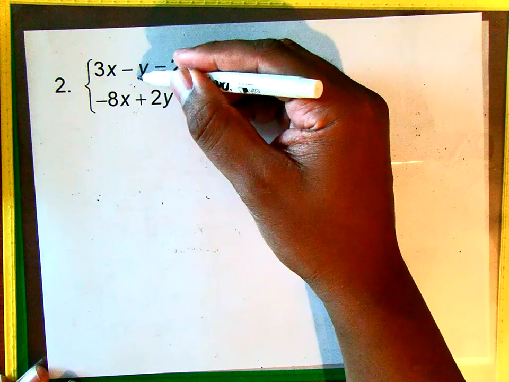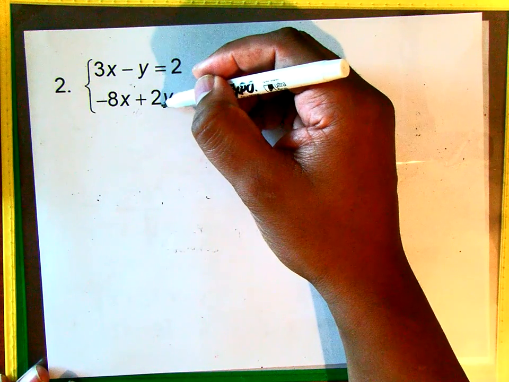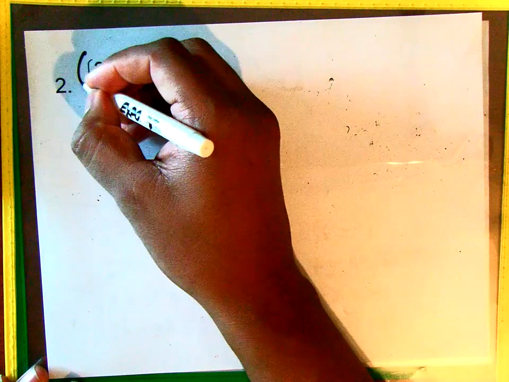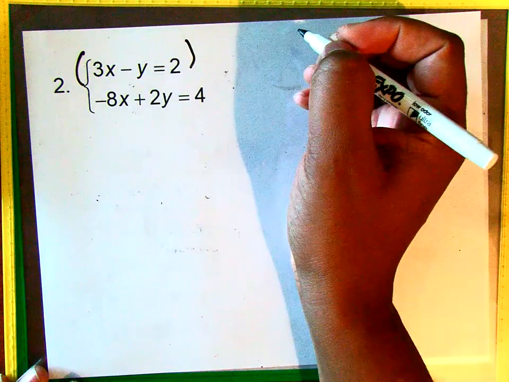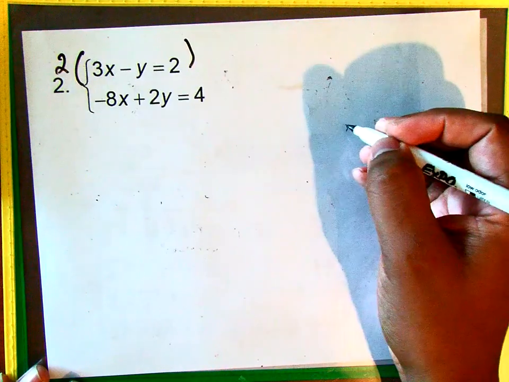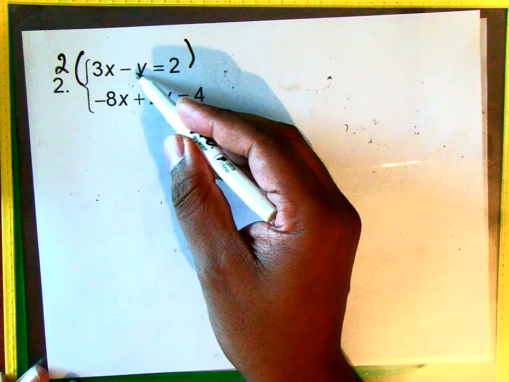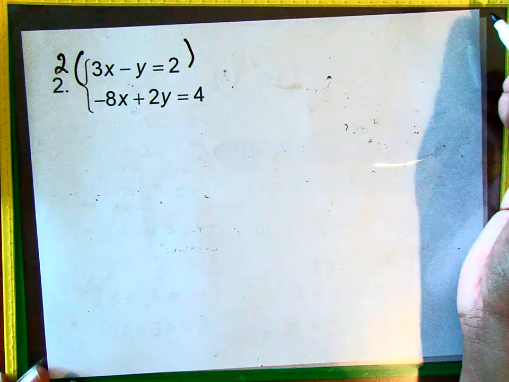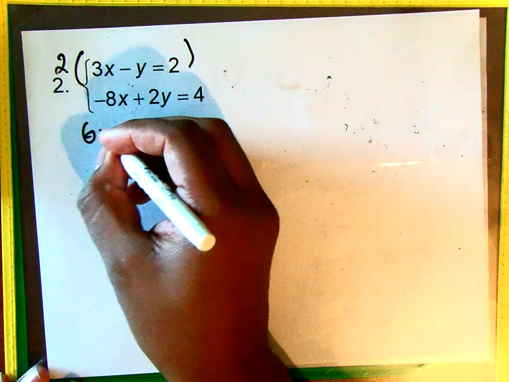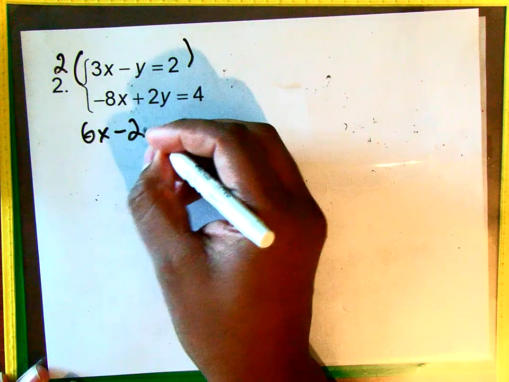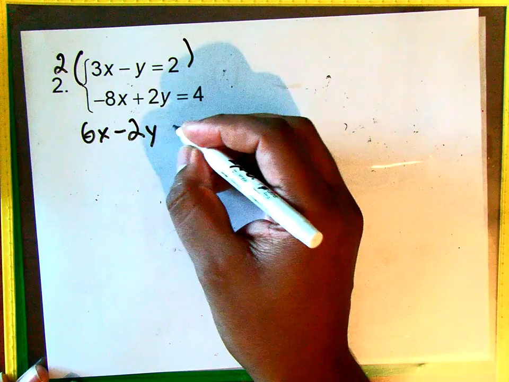That's easy to work with, the 1. You just multiply by whatever the other number is you want. So I'm going to multiply by a +2. Okay, I don't need to make it negative because it's already a -y here. So that's going to give me 6x minus 2y is equal to 4.